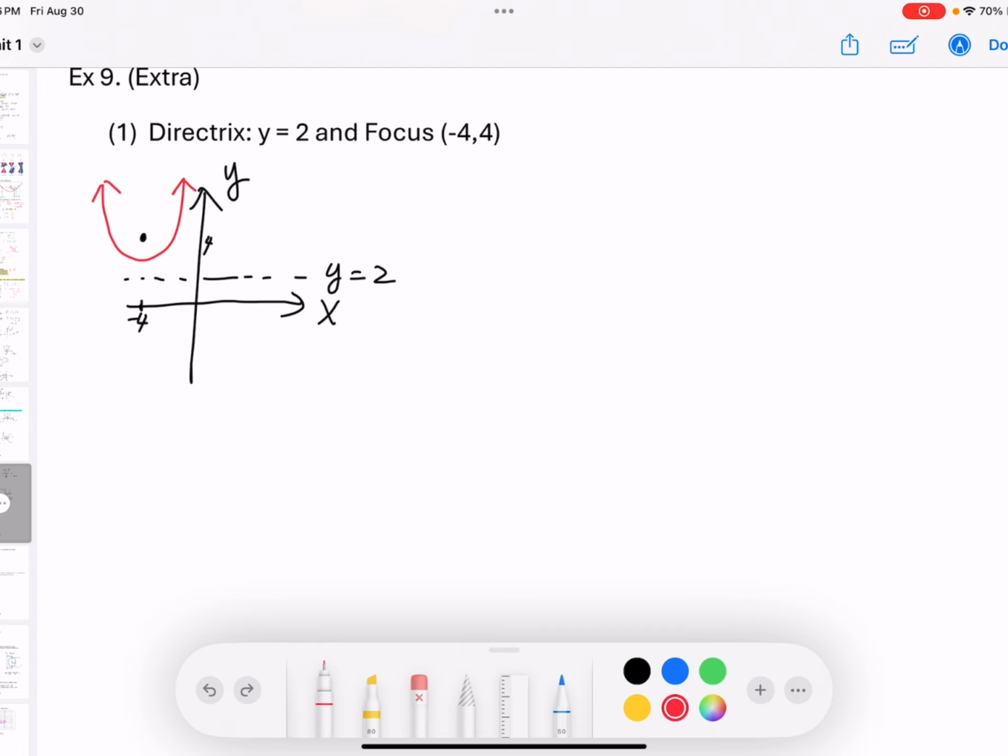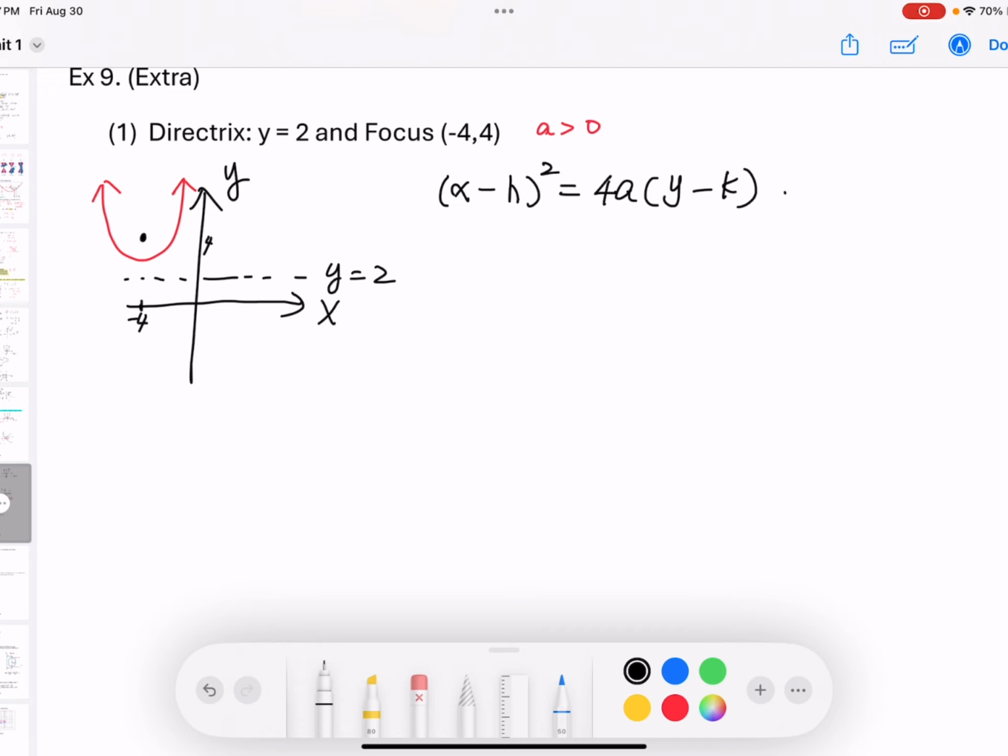I can tell from the graph that a is positive because it opens upward, and it must have the form (x minus h) squared is equal to 4a times (y minus k).